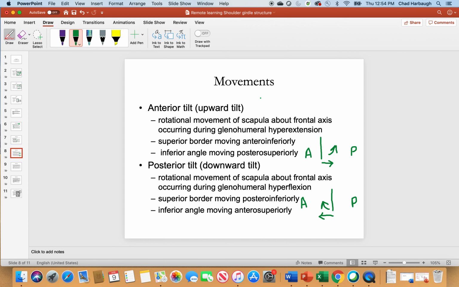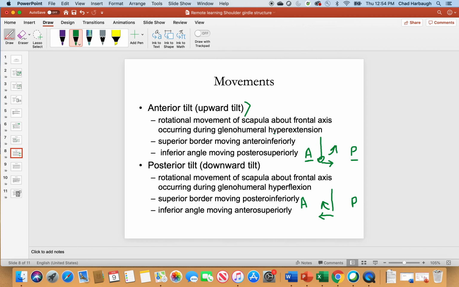You can view the anterior tilt very similar to the anterior tilt of the pelvis. So if we're looking at this, I've already drawn this out. This is an anterior view, a posterior view. This would be the scapula. This area right here would be the inferior angle.